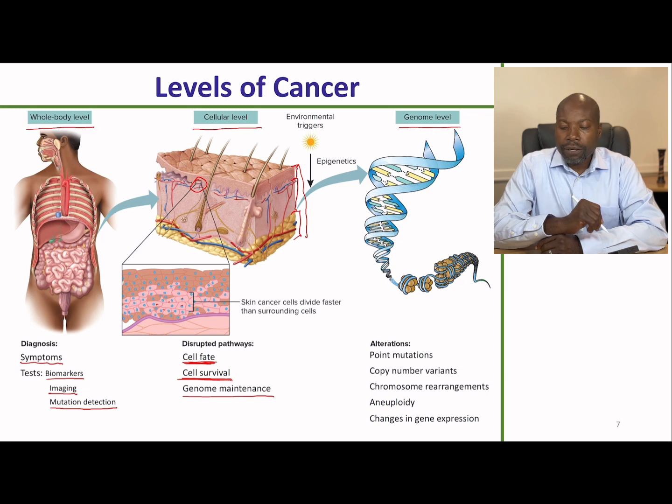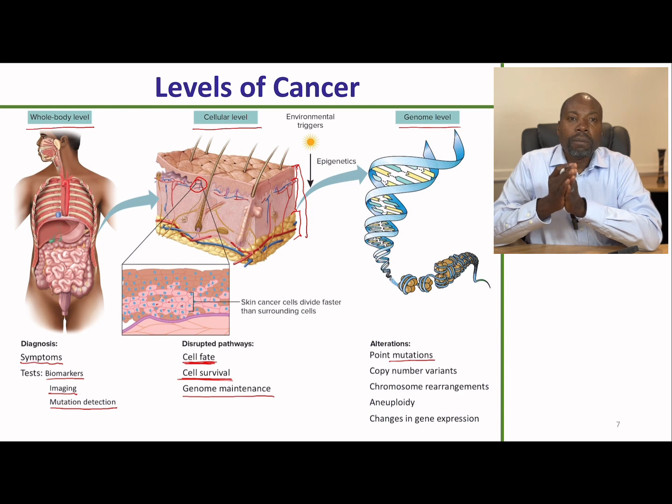At the genome level, we are going to notice mutations, right? And these alterations of the genome can be the consequence of point mutations, right? For instance, we tend to see what we call a thymine pairing, right? So a thymine nitrogenous base is paired with another thymine nitrogenous base.